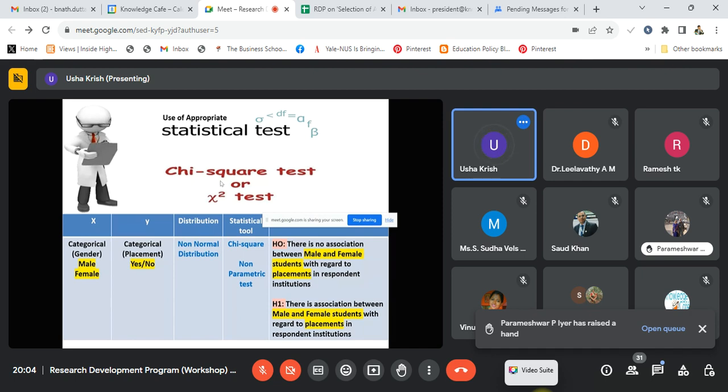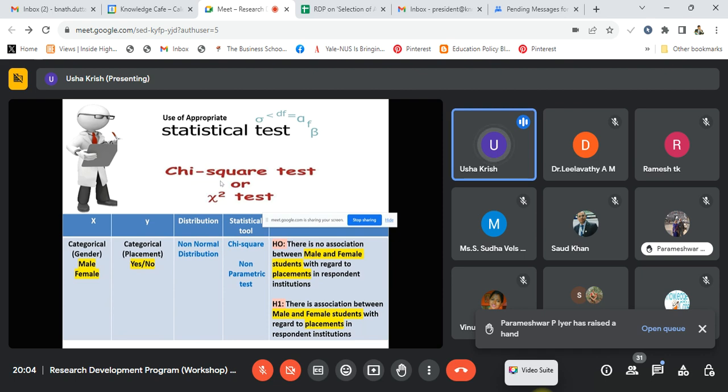Then what is the type of statistical tool you're going to use to test the hypothesis? It is chi-square. X also categorical, Y also categorical, and the distribution is non-normal. We should use the chi-square non-parametric test only.